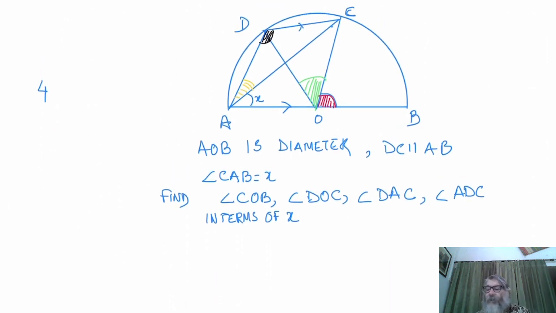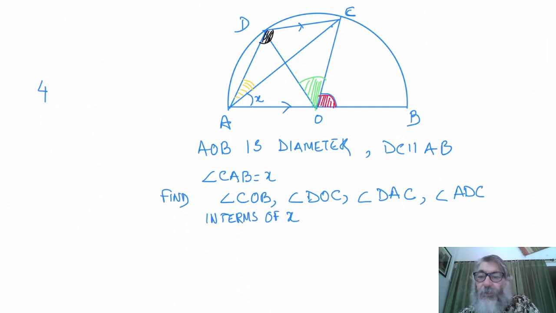In the fourth also there is a semicircle given. Now instead of a circle he has given you a semicircle with AOB as diameter. They have drawn a line, you can say a chord DC of this semicircle, parallel to AB.